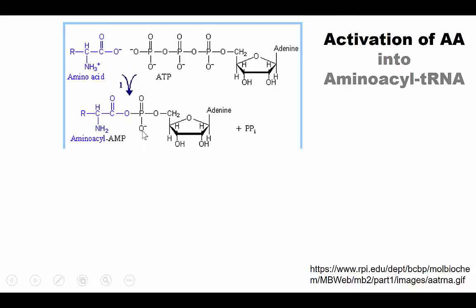So this is similar to an anhydride structure, right? If it's a carbonyl here, that's what we call an anhydride, which is one of those tricks we can use to activate the carboxylate group. In biological systems, utilizing ATP, they make this intermediate, the amino acid AMP.